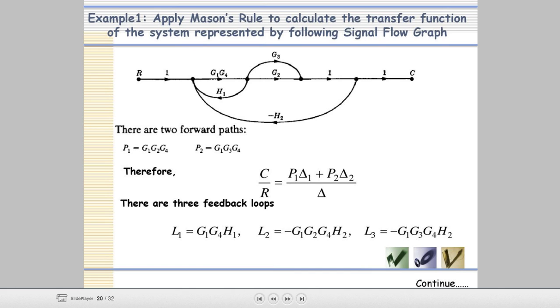Then L3 like this: G1, G4, G3, 1 into minus H2. This will be the loop gain. And there are 2 forward paths and 3 loops.